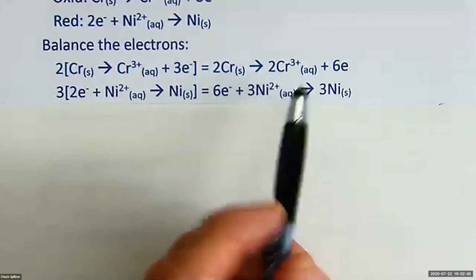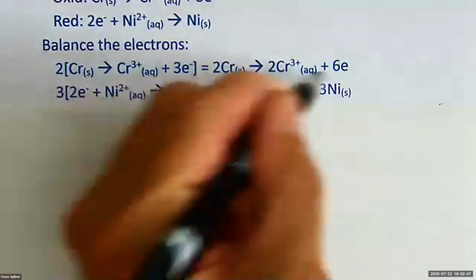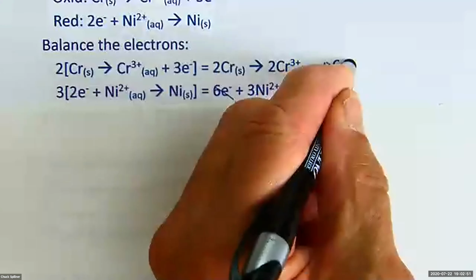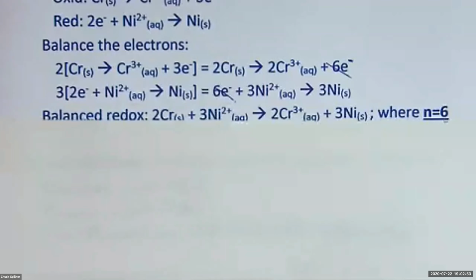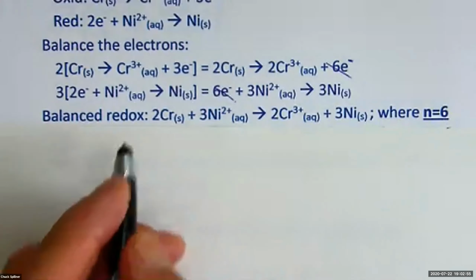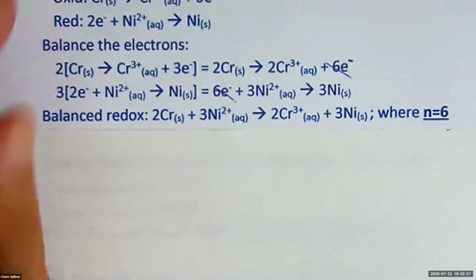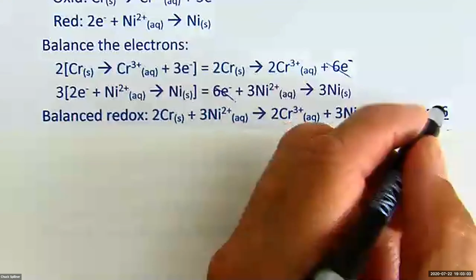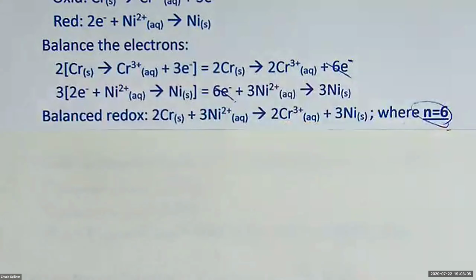Now we have 6 electrons on both sides. So we know when we add these together, the electrons cancel out. And we get our balanced redox reaction, which is 2 chromium plus 3 nickel 2 plus going to 2 chromium 3 plus plus 3 nickels. Now in our Nernst equation, 6 electrons are being transferred.